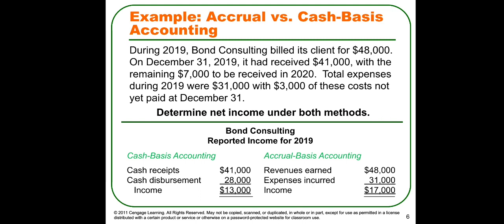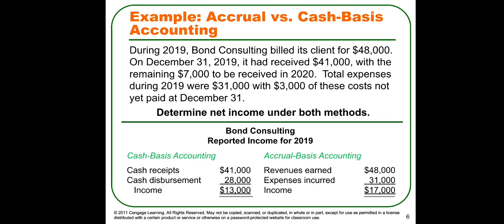Actually, cash basis accounting does not show things that had happened in an accounting period. But cash basis accounting shows cash in and cash out only. So you can see here, it shows that during the year 2019, cash received or cash in is 41,000.